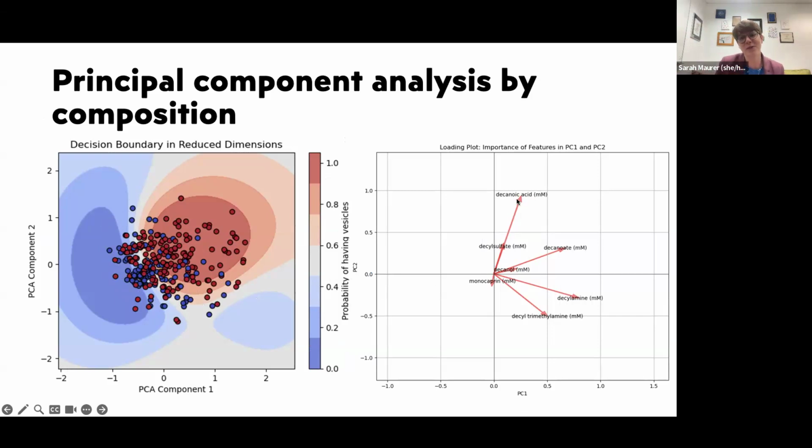And it looks like from this that our charged amphiphiles, so decanoate, decylamine, decyl trimethylamine, are generating a lot of the variation in PC1, and that decanoic acid is generating a lot of the variation in PC2. That's our principal component analysis observations. I think it's hard to draw more information from it just because this is so poorly resolved.